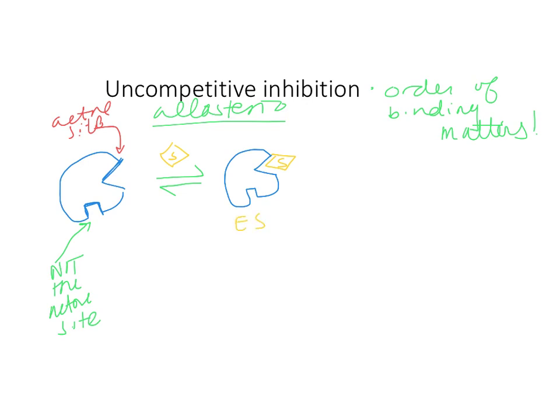This is ES. And then if inhibitor is not present, this will proceed to E plus P or complete the catalytic transformation. However, if inhibitor is present, then inhibitor binds second.